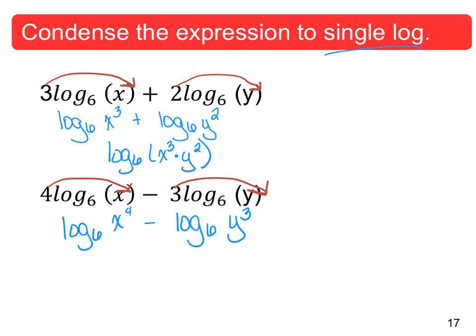Now that I have that done, I am going to do the division. Because I am subtracting these, that means the x to the 4th and the y to the 3rd are being divided. So I have log base 6 x to the 4th over y to the 3rd.